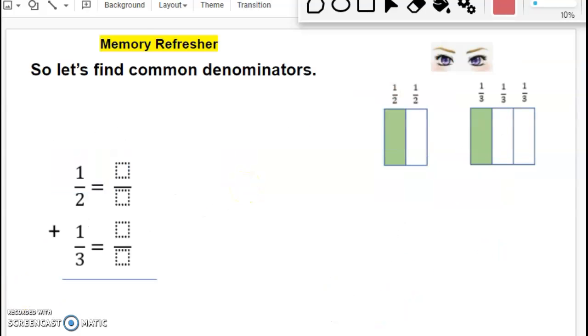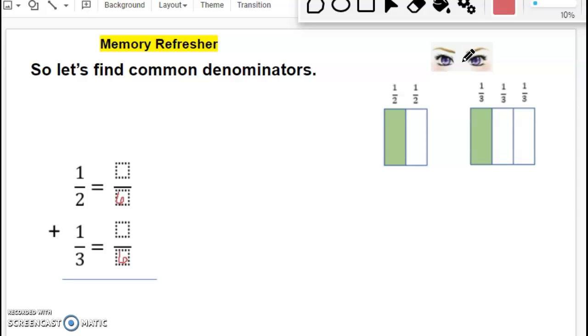Okay, so let's find common denominators here. As we did on the previous slide, we found our common denominator of 6. Okay, so we're going to put our common denominator of 6. It's very helpful to set your problems up vertically. And now what we need to do is make these fractions equal. So 1/2 is equal to how many sixths?